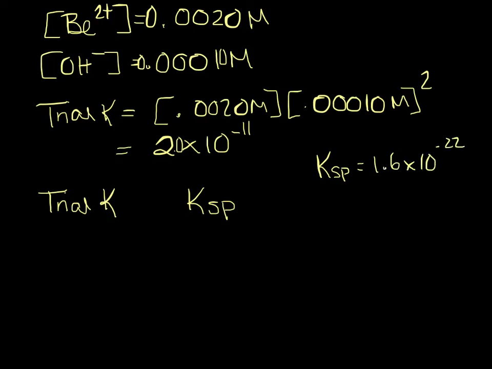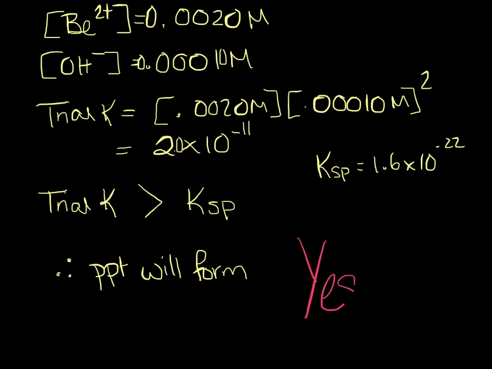And our trial K was 2.0 times 10 to the negative 11, which is larger than our Ksp. So we're putting in more than is able to dissolve in this question. So since the trial K is greater than the Ksp, we know that therefore a precipitate will form. So our answer is yes.